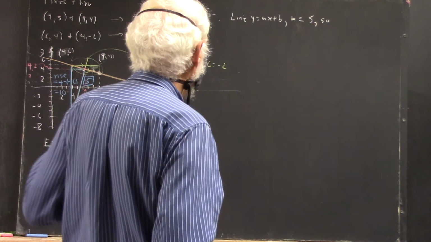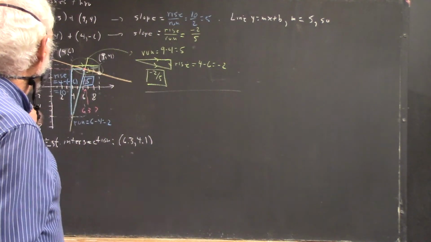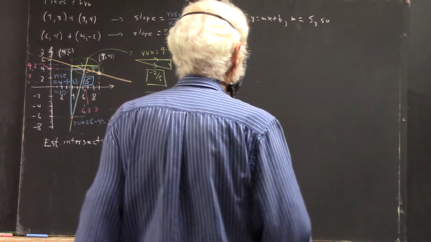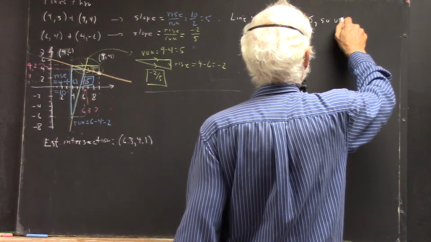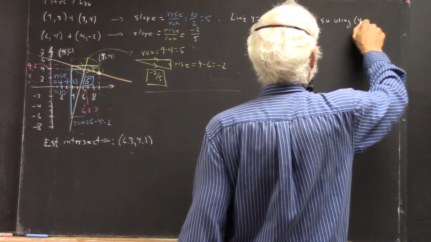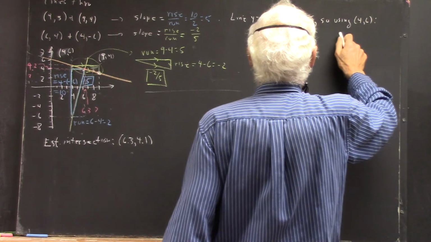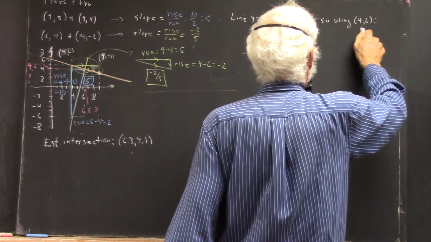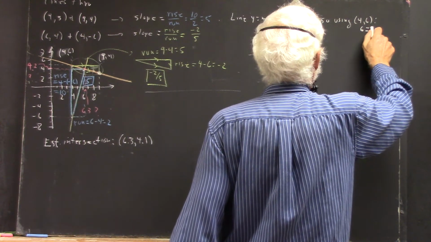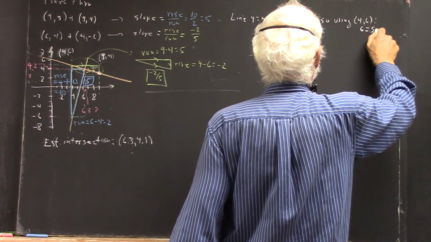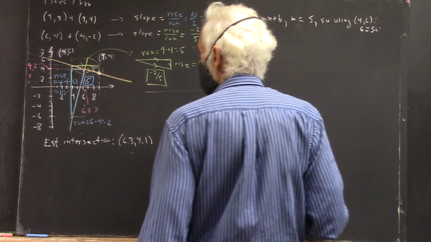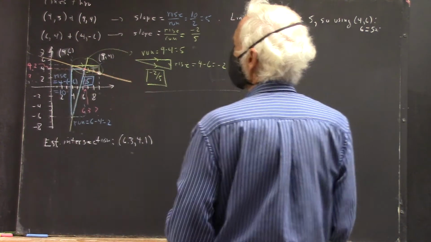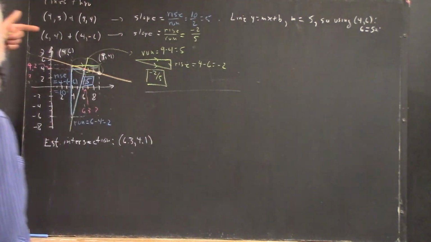So, if I use the point (4, 6), I don't want to use the point (4, 6) because it's not on this line. It's (4, 5), but it is 4.5. So why did I write 4.6?